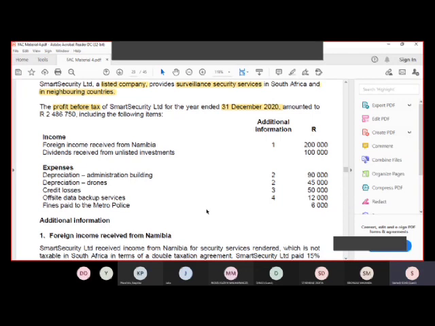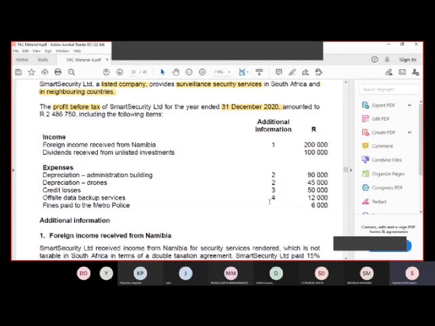Expenses: depreciation, administration building. In this case, you have an administration building. Normally, SARS doesn't give you a deduction for an administration building, so you might have permanent differences there. Depreciation on drones, you have drones here. So here's the depreciation for drones. Credit losses, you have losses, 50,000. Offsite data backup services. Okay, we'll see what that is.